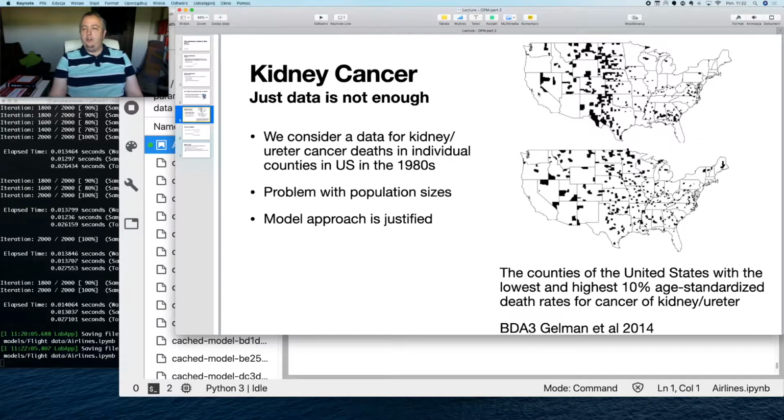When you look at the highest and lowest percent deaths in the entire population, there's something wrong.